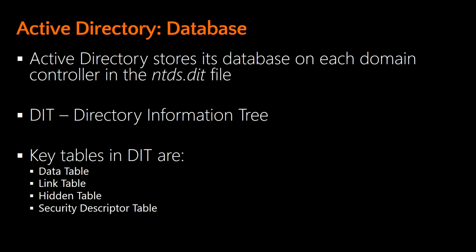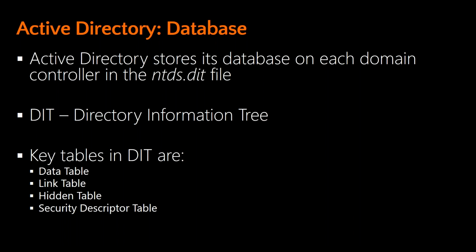We'll use a tool for that, but I would like you to understand how the data is defined there. We've got just really several tables in Active Directory database. We've got a data table, a hidden table, link table, and security descriptor table.